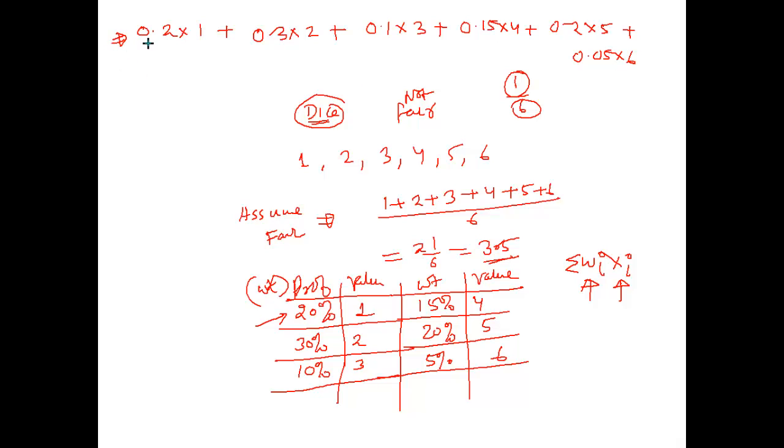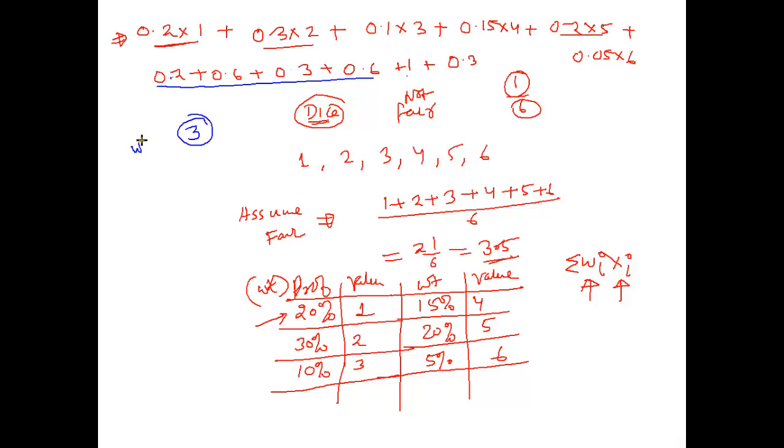If I do the computation, this is 0.2, this is 0.6, this is 0.3, this is 0.6, this is 1, and this is 0.3. So the value you will get is 0.2, 0.8, 1.1, 1.7, 2.7 and 3. So the weighted mean comes as 3.